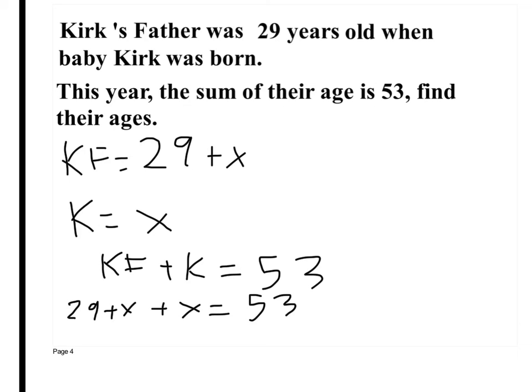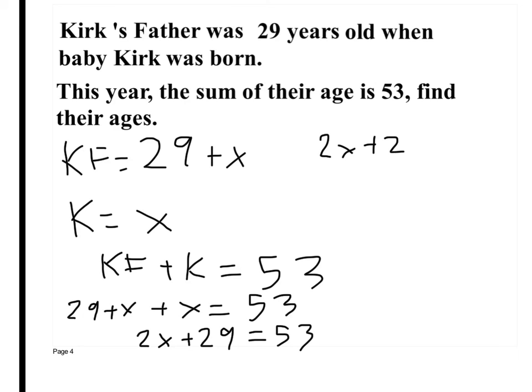Have we done problems like this? Yes. We combine like terms first. x plus x is 2x plus 29 is equal to 53. It's 2x because it's Kirk's age plus his age again plus 29 more years. That's why it's 2x. Then we solve for it.